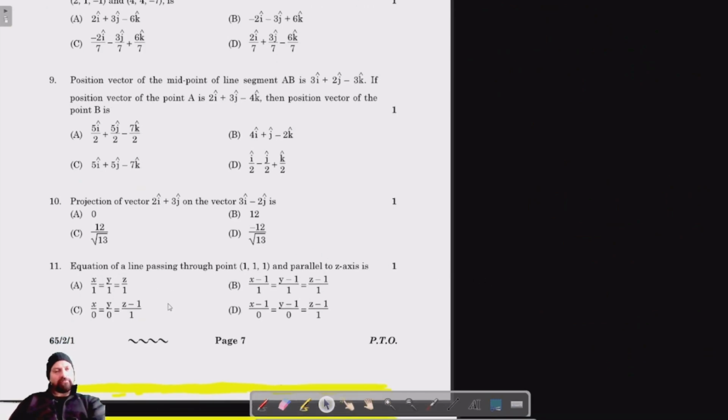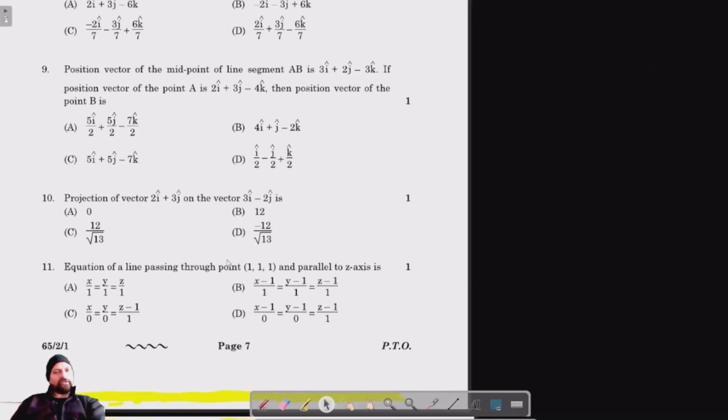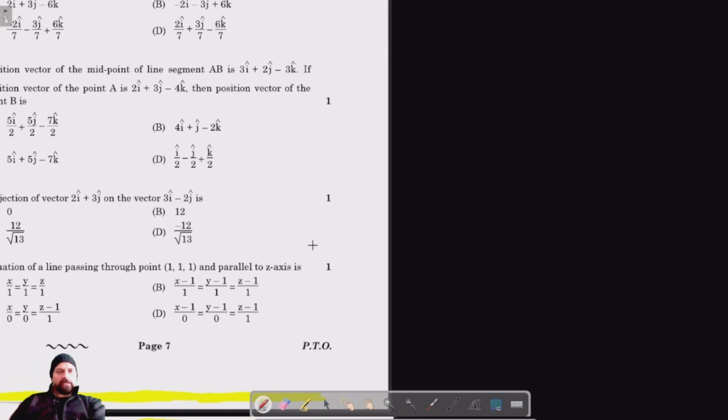Let's move on to question number 11. For question number 11, we have to find the equation of a line passing through the point (1, 1, 1) and parallel to the z-axis.